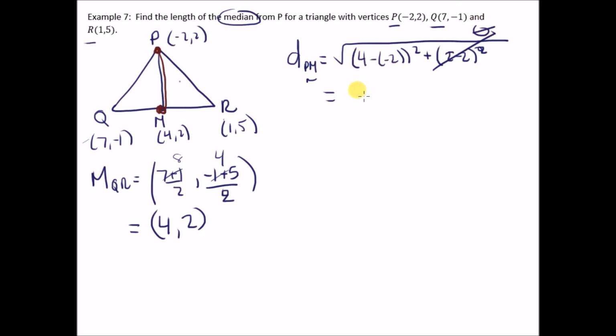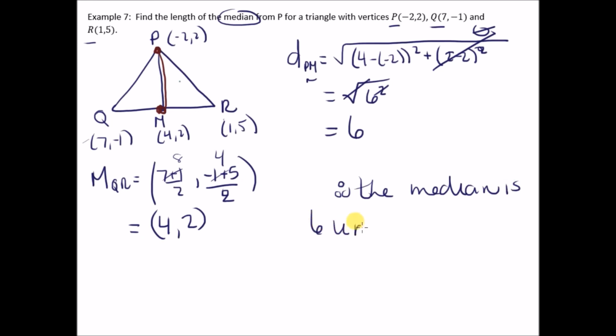So 4 minus negative 2, I get 6 squared. But then it's rooted, so those just cancel, and we get 6. Therefore, the median is 6 units. And that's it.